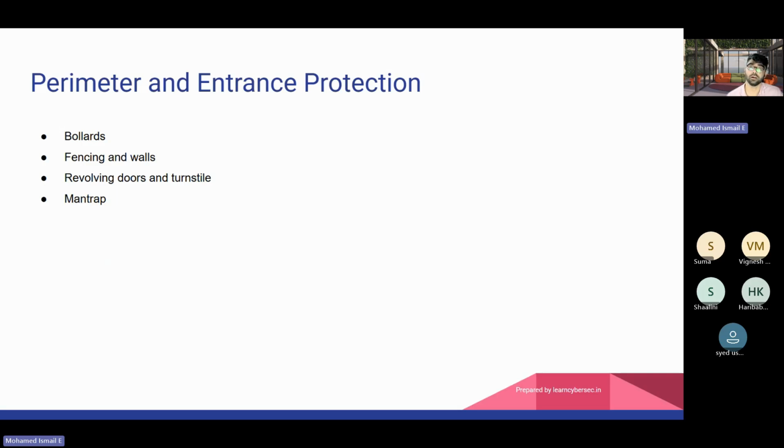If you take five-star hotels, the entry and exit are separate. If you take banks, they may keep a different kind of entrance or security protection. If you take an airport, you can see most airports are structured in a similar way: entry check-in, then security check, then you go to the gate. So different areas are allocated for different purposes.